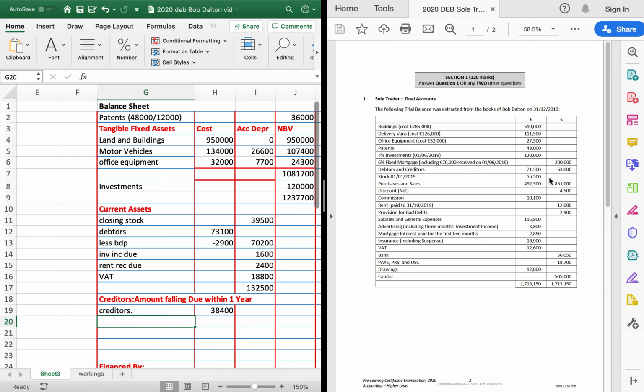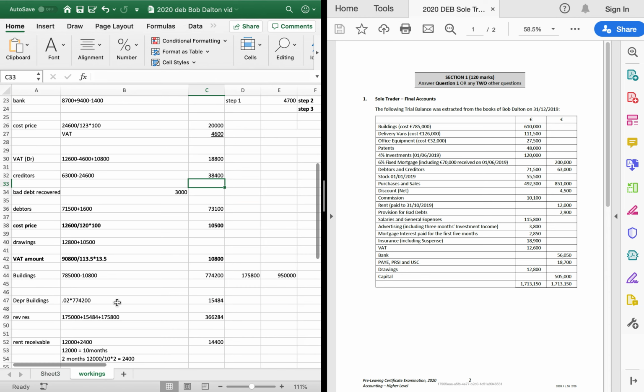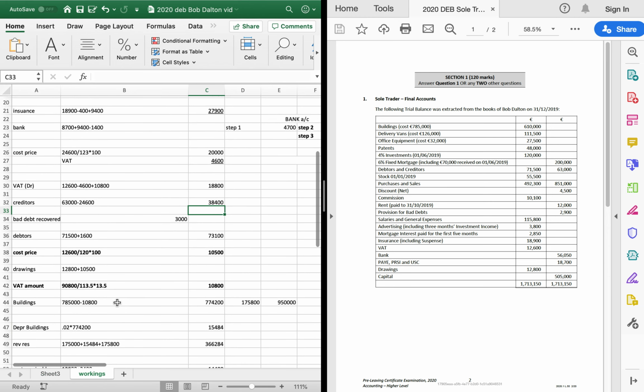We'll check this side here first. Bank. And we know bank has changed. So that's 19,500 for bank.